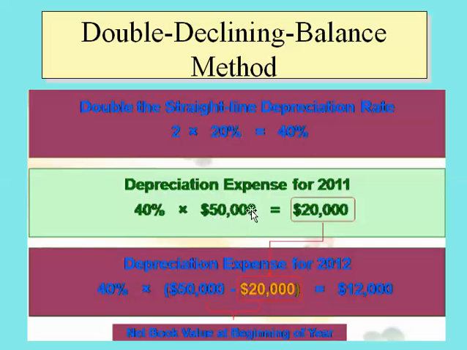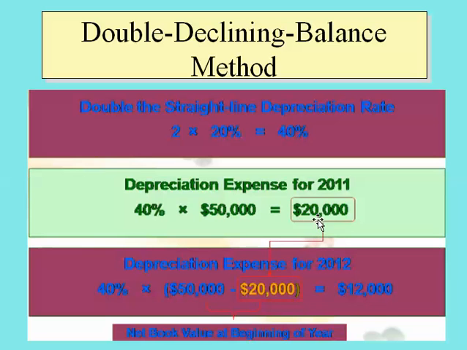That depreciation rate does not change while we're calculating depreciation going forward on this. However, that book value will. So the beginning book value was $50,000. Cost minus accumulated depreciation. There was no accumulated depreciation, so it's just the cost. $50,000 gives you $20,000 worth of depreciation in the first year. Now in the second year, we're going to use that same 40% and multiply it times the cost minus the accumulated depreciation.